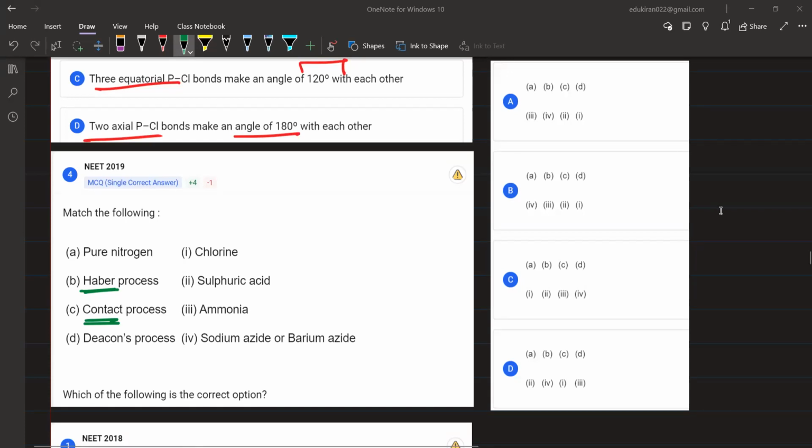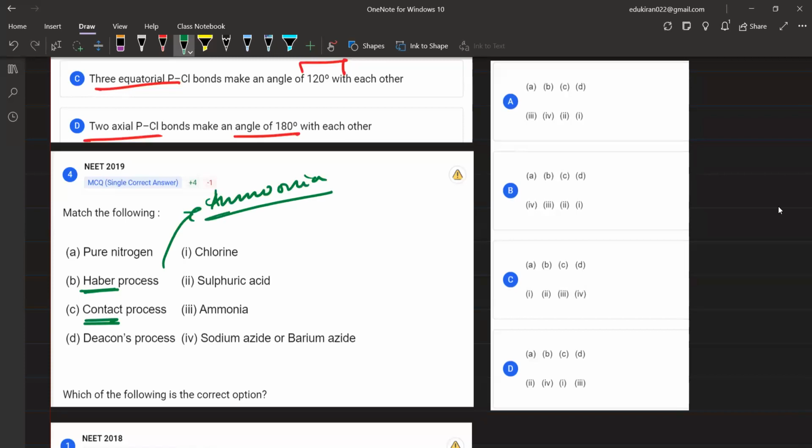Samaira, I think that is correct. Yes, Anna, correct. Very good. So Haber process. Yes, Alia, correct.